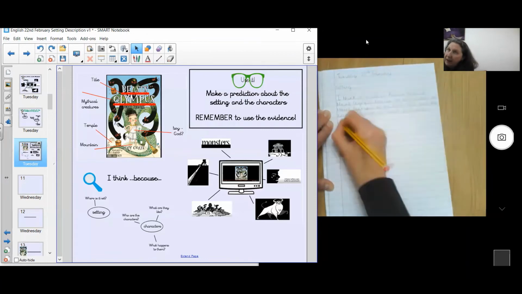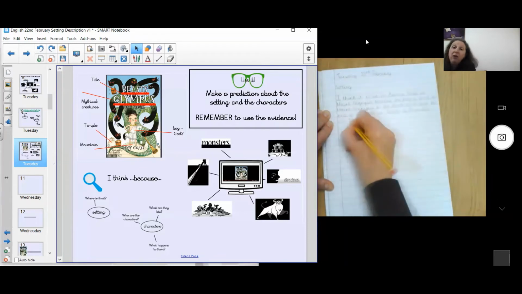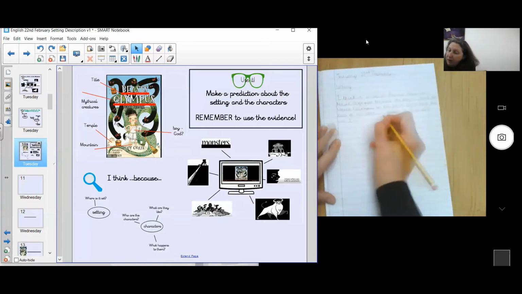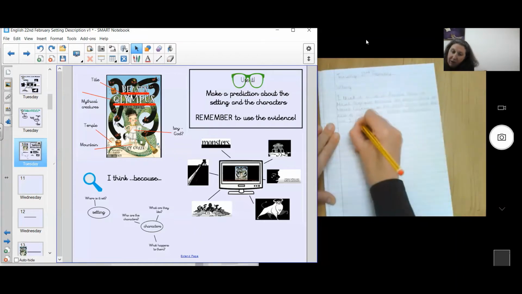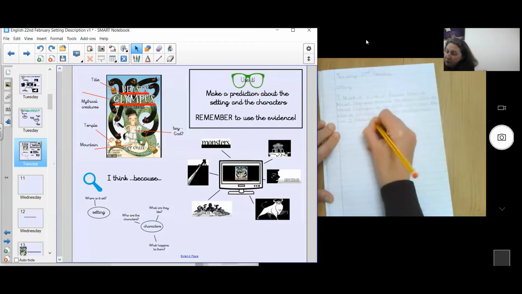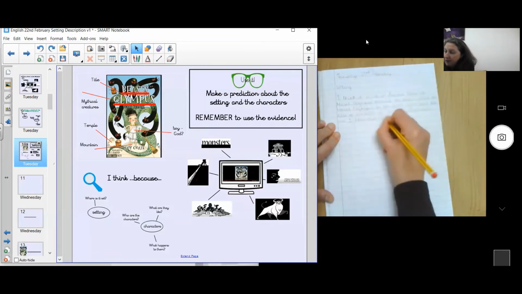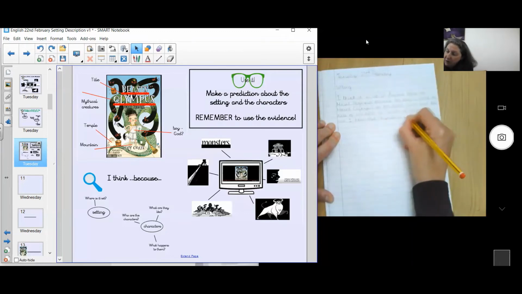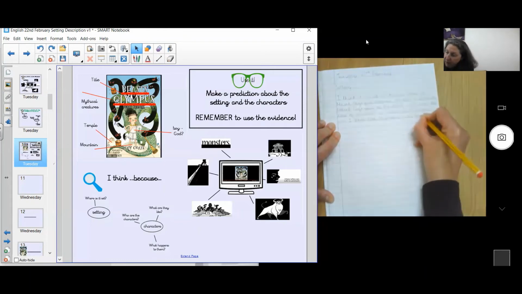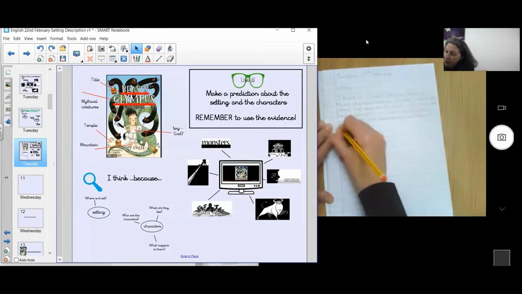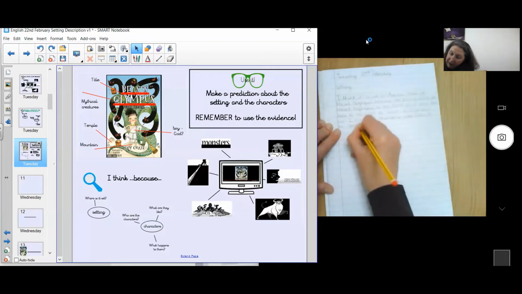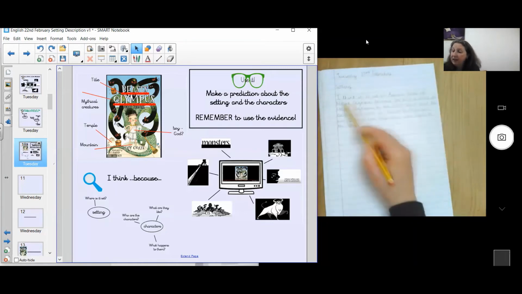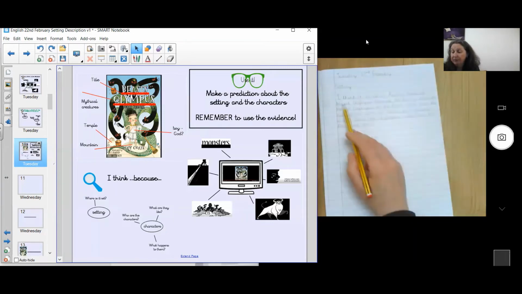And I know from our learning about the Greeks that Olympus was home to Greek gods. Okay, so I have written I think, and then I've said what I think, where it is set.